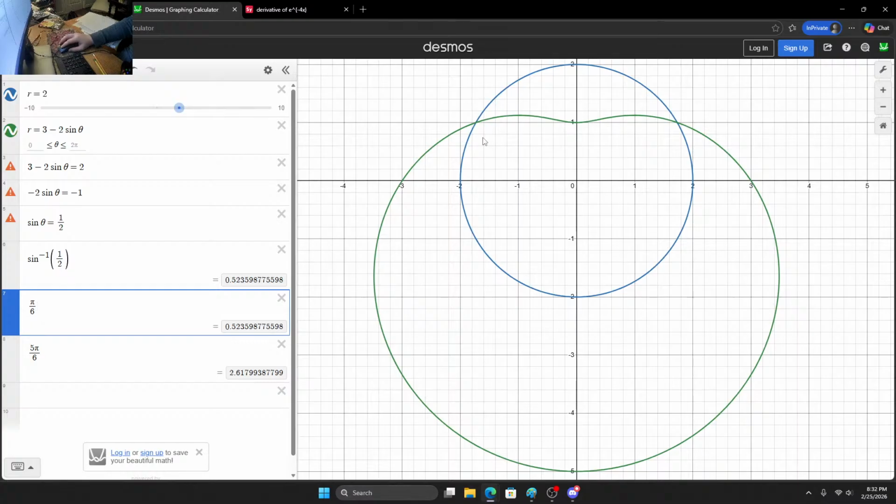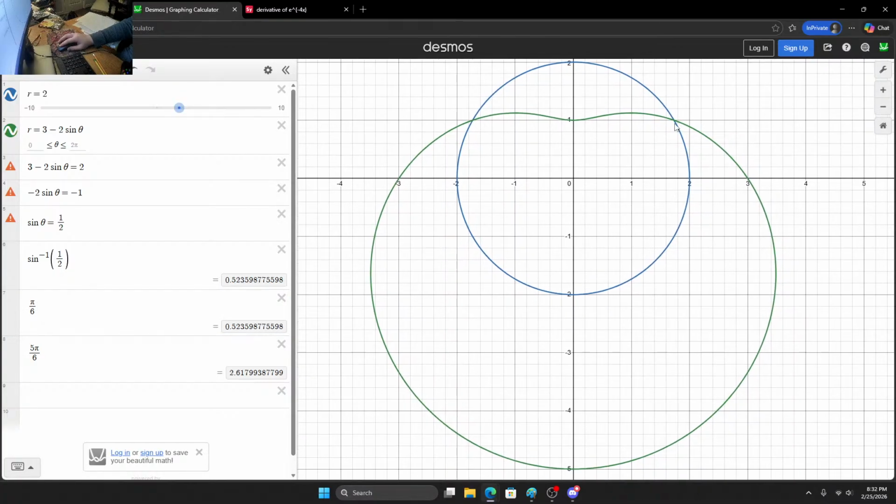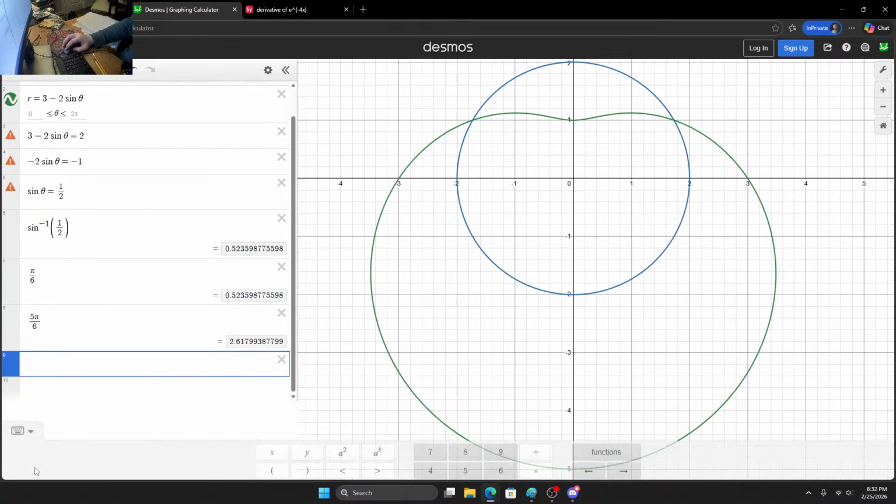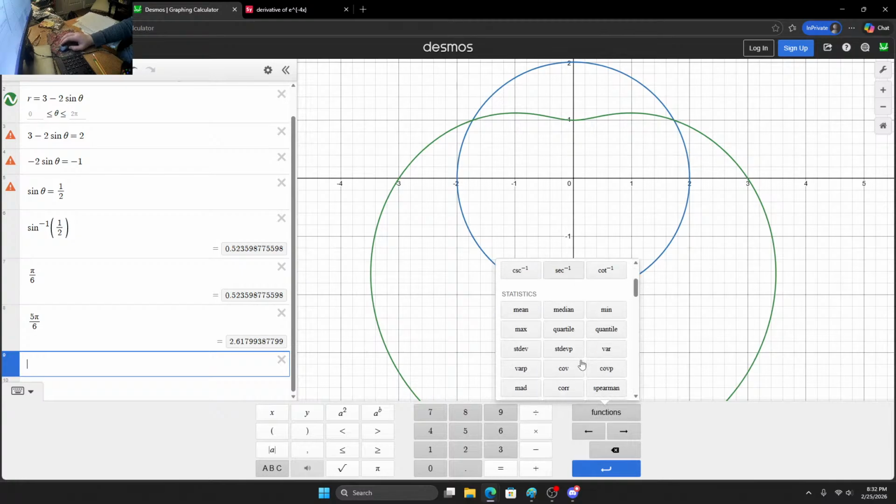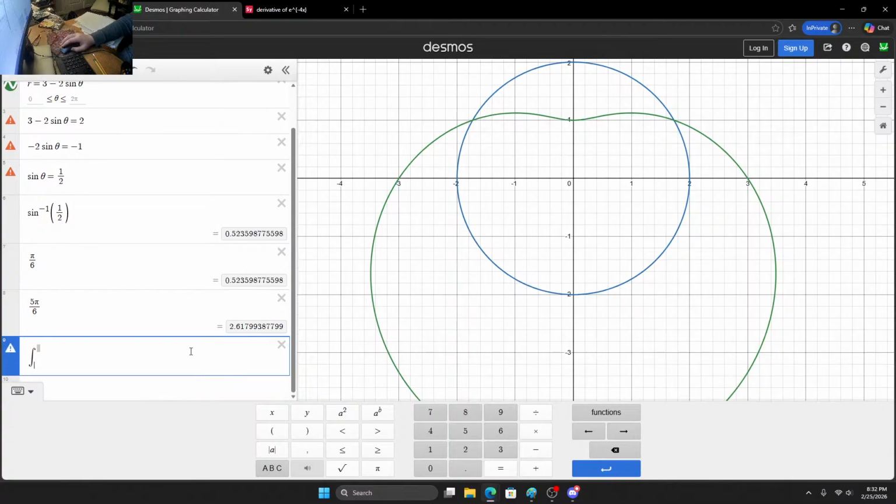And then it asks us to find the shared area. And the formula for that is you have to do a definite integral from the first point of intersection to the next of the two functions squared.